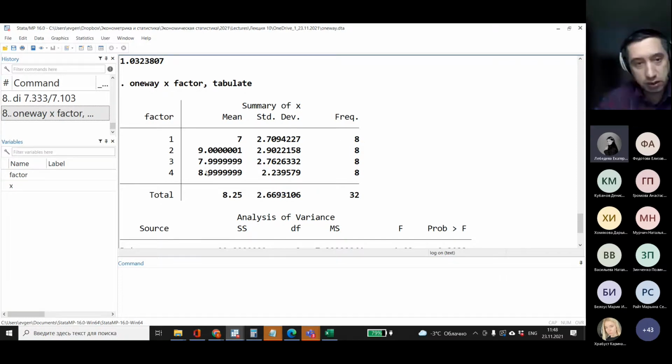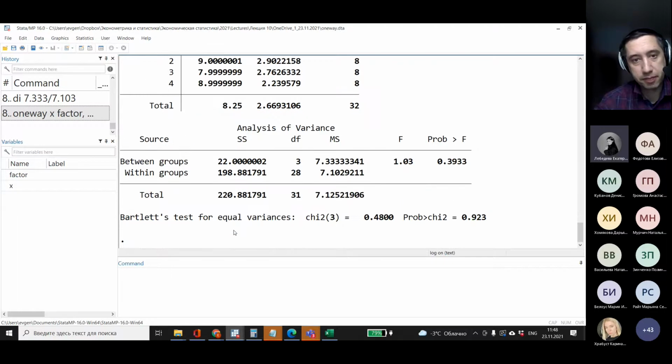It is pretty convenient to look at our averages, so our preliminary analysis could be to compare them. We see that averages, especially 4 and 2, are close to each other, probably 1 and 3 are different from the other variables, but because of the small sample, we cannot reject the null hypothesis.